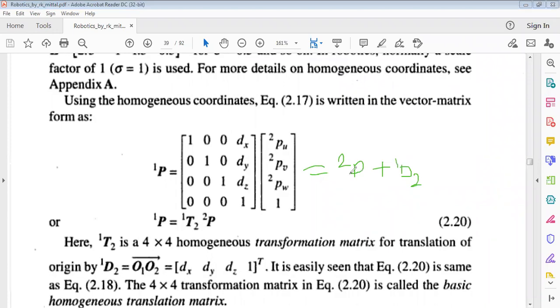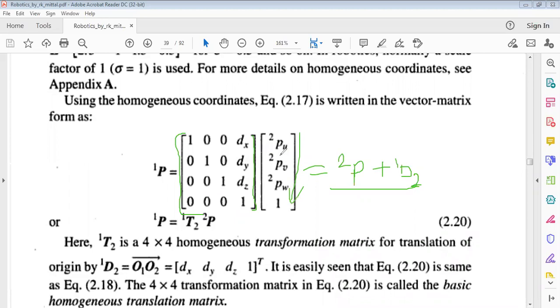This matrix form is equivalent to this equation. Now this is a 4x4 matrix. Earlier it was a 3x3 rotation matrix, but now it is a 4x4 matrix. Why is it 4x4? I will discuss that.